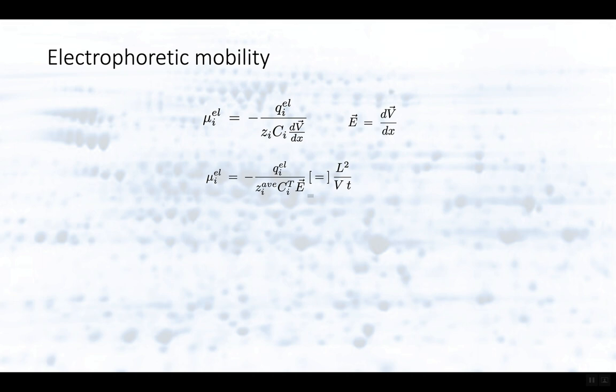It's the voltage drop per unit length. And that has units of length squared per unit time. That sounds a little like diffusivity. That's why electrophoretic mobility is related to diffusivity, but it's per volt. That's the added piece that makes electrophoretic mobility differ from diffusivity.